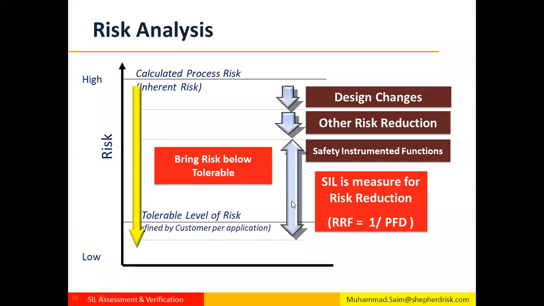The risk reduction associated with safety instrumented functions is measured in terms of SIL levels. And this is often represented as risk reduction factor, or conversely as probability of failure upon demand, 1 over PFD.